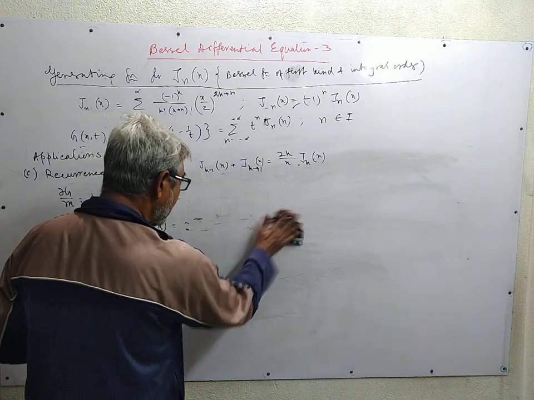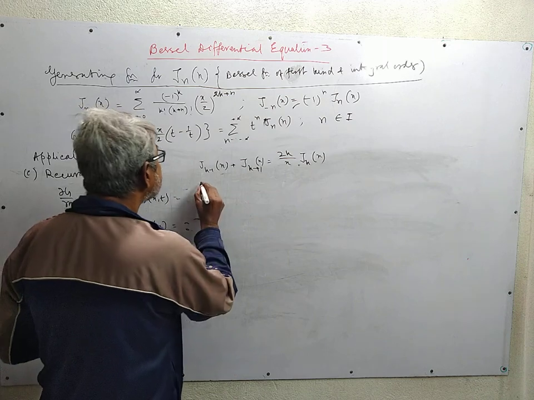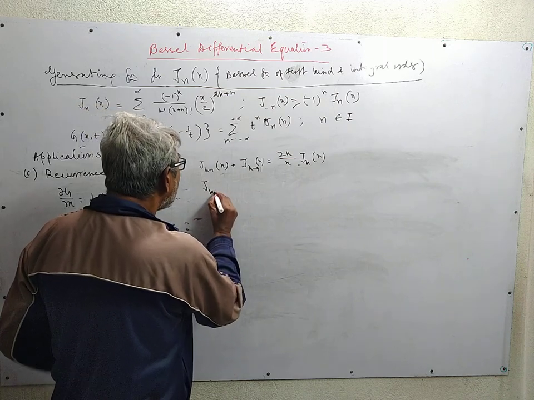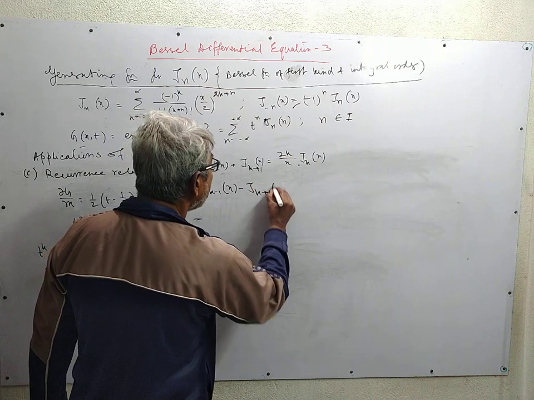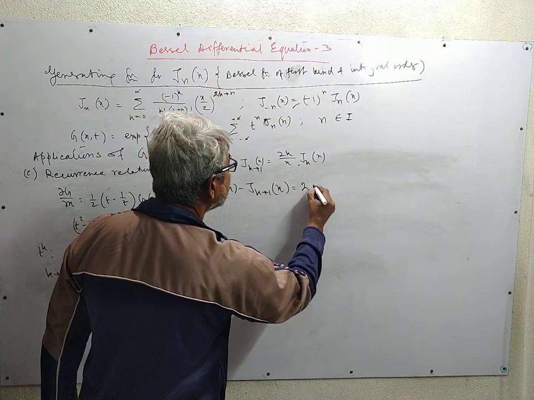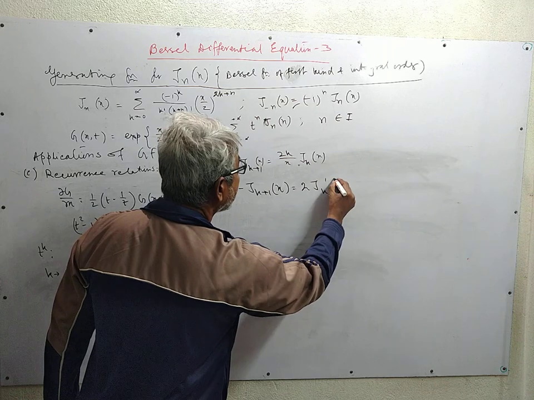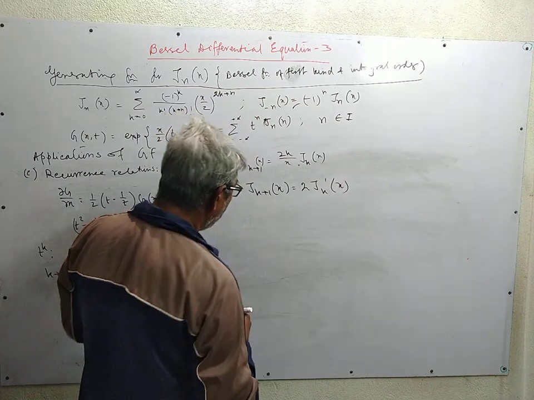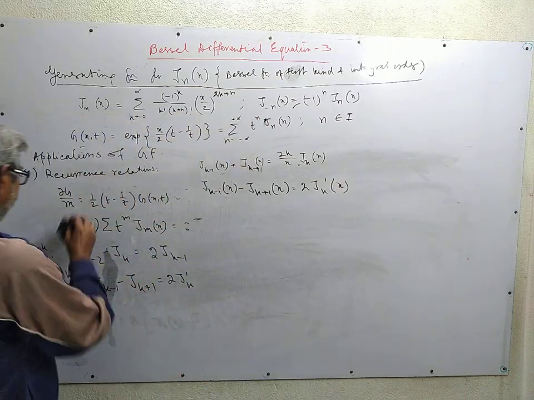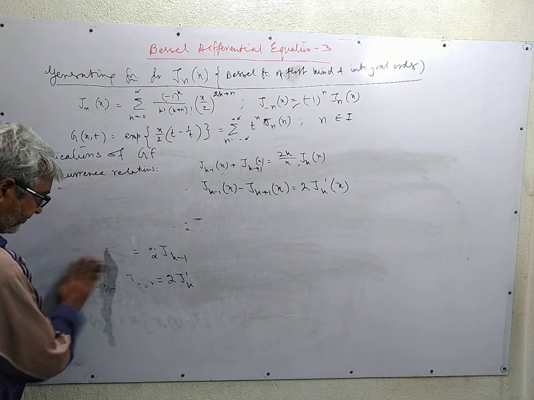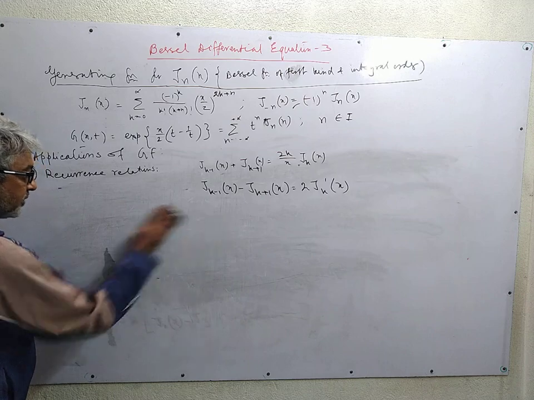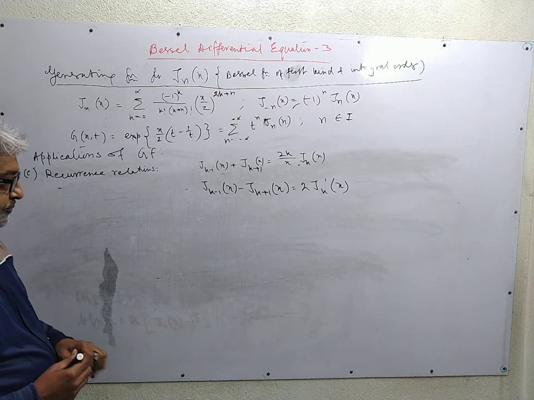So we write this relation: J_{k-1}(x) - J_{k+1}(x) = 2 J_k'(x), where the prime is d/dx. We can use this relation to find the derivatives of Bessel functions.